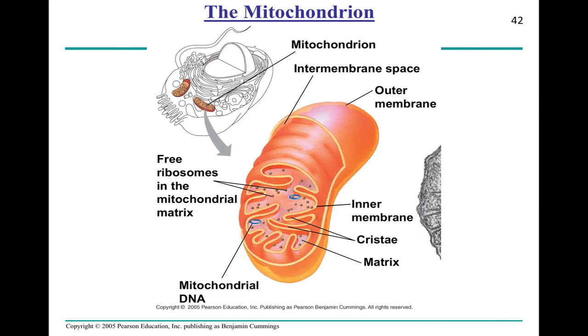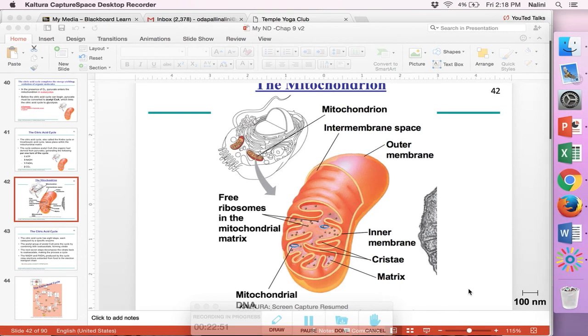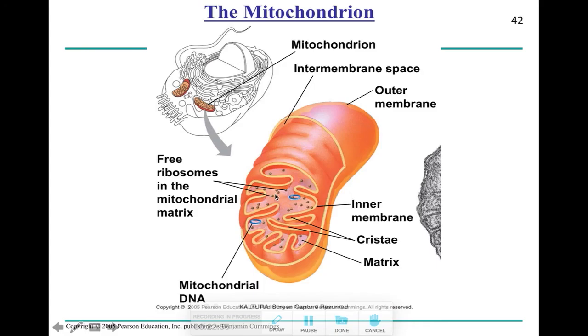Before I move on to other stages of cellular respiration, I want you to learn and remember that mitochondria has several parts, and pyruvate oxidation and the citric acid cycle are taking place in the mitochondrial matrix. That's the fluid in the mitochondria inside the inner membrane, and you see these inner membrane folds.